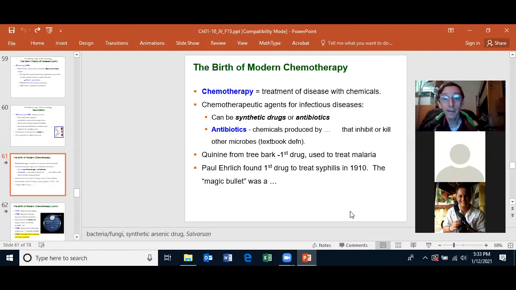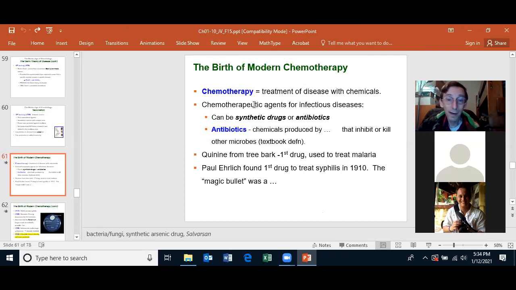From all of these concepts came the birth of modern chemotherapy. Chemotherapy, strictly speaking, is a treatment of a disease with chemicals. Now, chemotherapy is used commonly nowadays to mean an anti-cancer therapy, which cancer is a disease which is treated with a chemical, so that works.